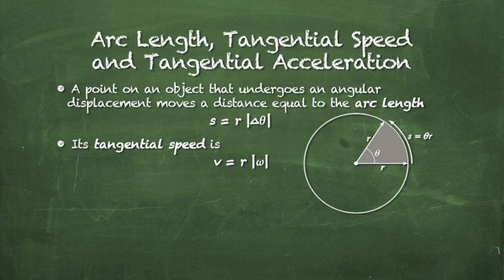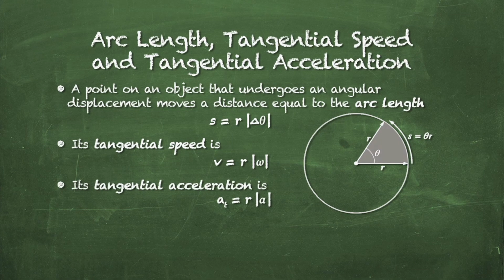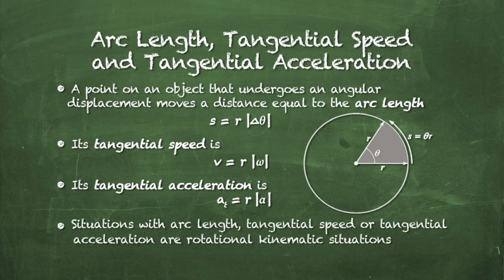And similarly, tangential acceleration is equal to the radius times the angular acceleration. So what that means is that situations with arc length, tangential speed, and tangential acceleration are also rotational kinematic situations.